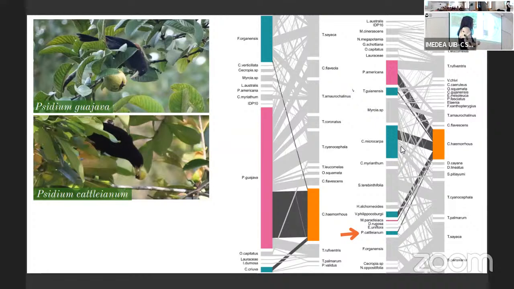So after the guava elimination, the birds started eating this species of the same genus. You can see the difference in the size of the fruit, so probably birds were eating more of these because it's more attractive.